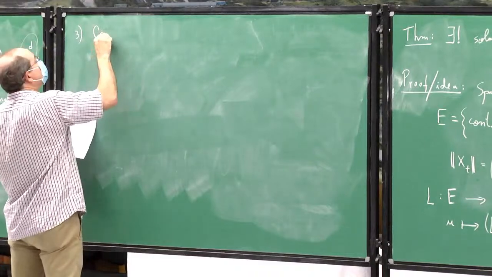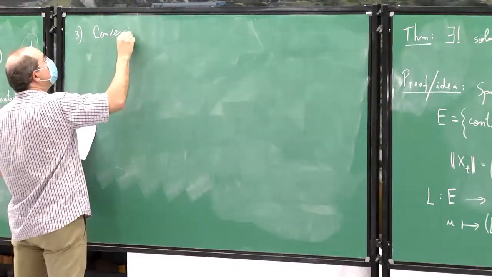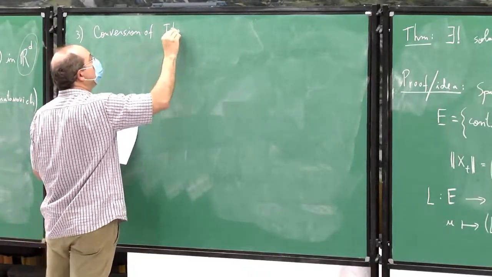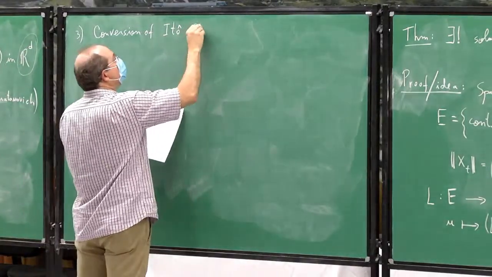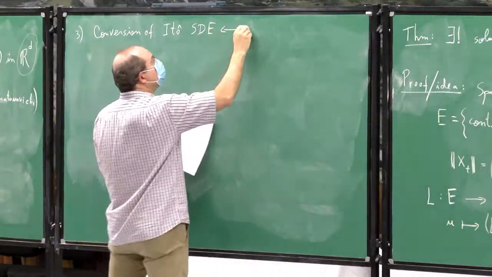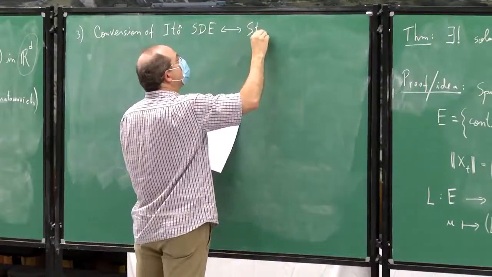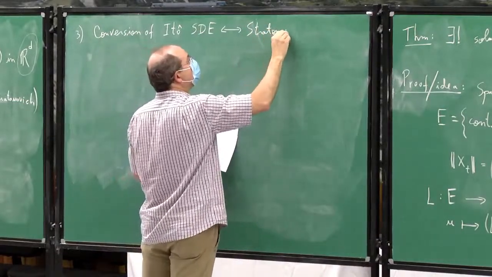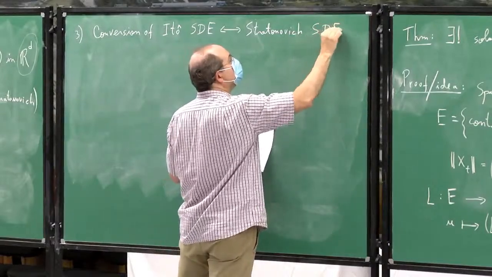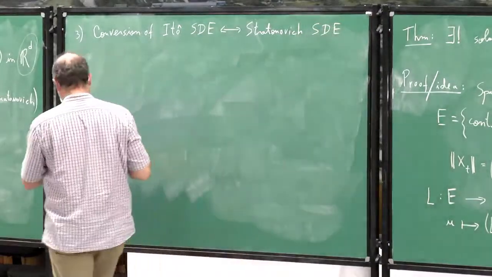which is the conversion of an Ito stochastic differential equation into a Stratonovich stochastic differential equation.